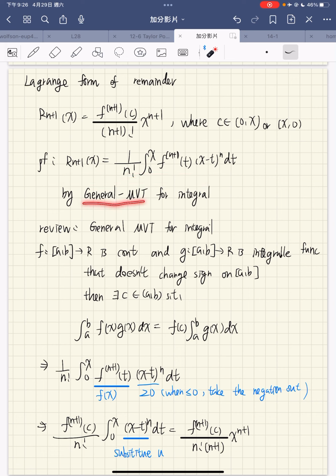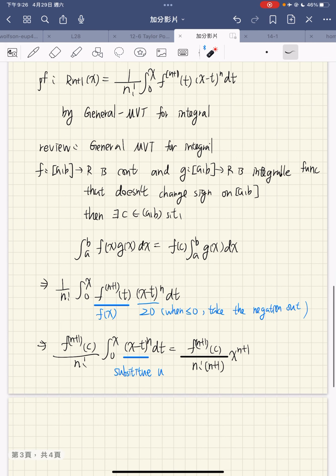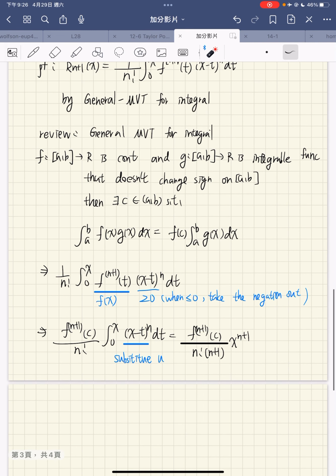And we use the generalized mean value theorem for integrals. First, a brief review of this theorem. Suppose a function f of x is continuous on the interval [a, b], and another function g of x is integrable on [a, b], and g of x doesn't change sign on [a, b].